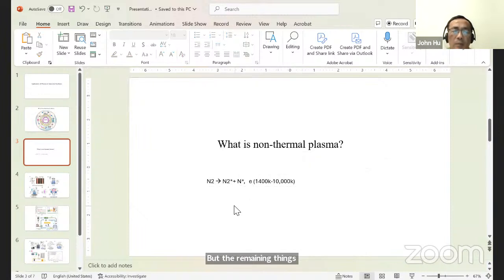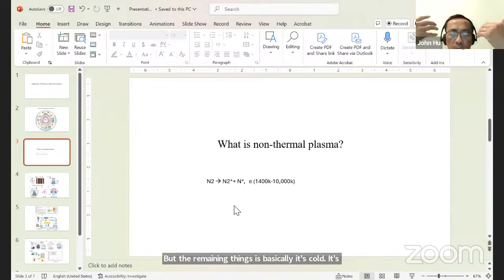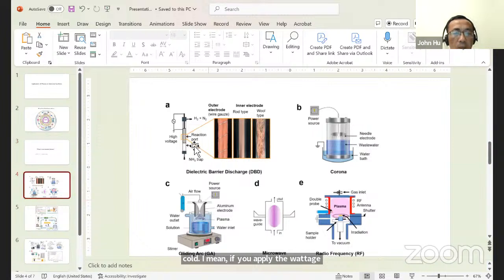It's cold. That means if you apply the voltage in the catalyst in there, the reactor is not hot. That's why they call it cold plasma, because the main body is cold, only electrons floating around.